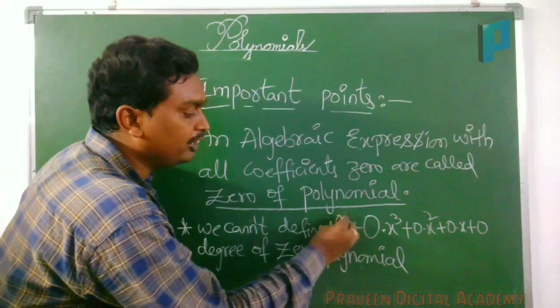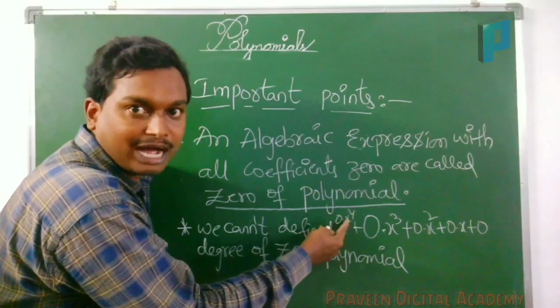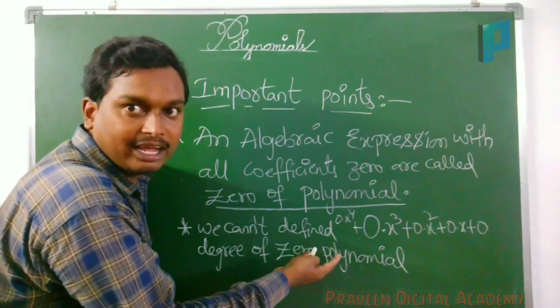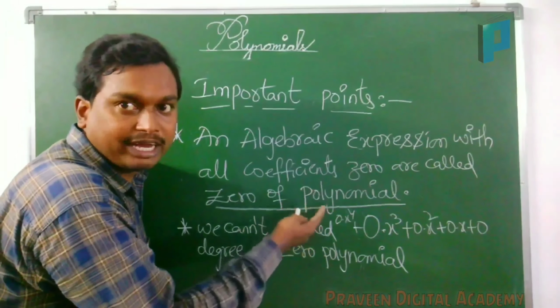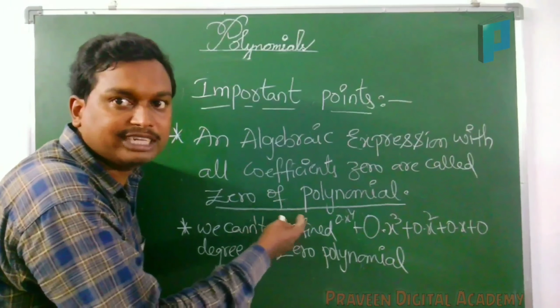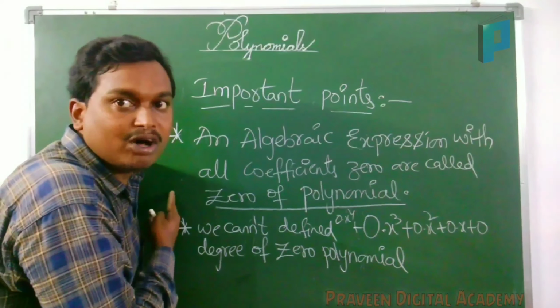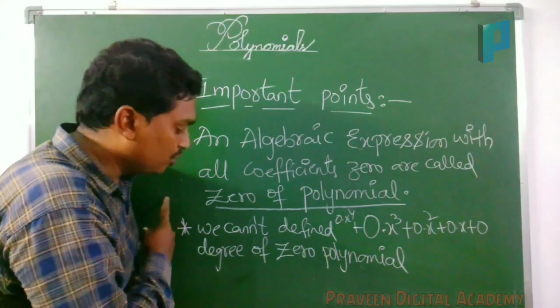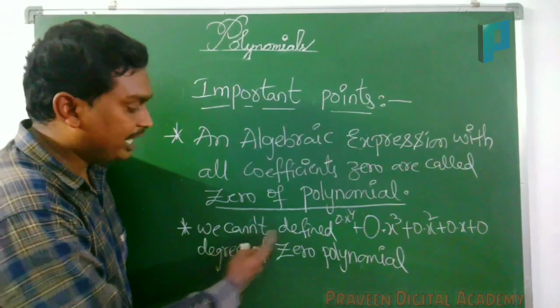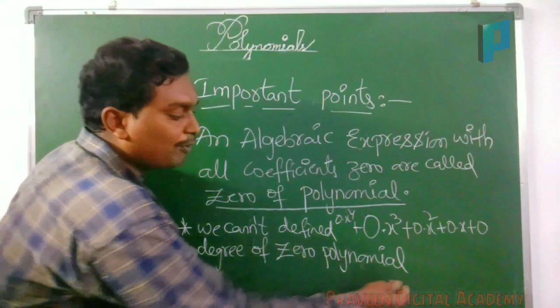No, I can keep 0 into x power 4 also. If I say x power 4 is the last? No. 0 into x power 5, 0 into x power 6, like that it will go on. So we don't know the power of a zero polynomial. So I am saying here, we cannot define the degree of the zero polynomial.